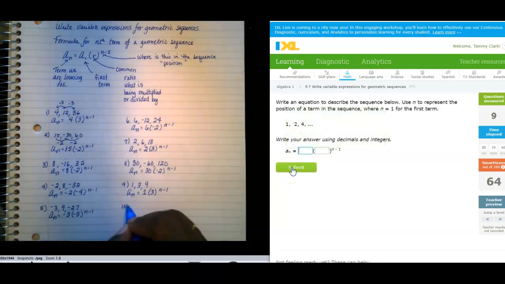Number 10, we got 1, negative 2, and 4. So we've got a sub n. How in the world did I get from 1 to negative 2? We must have multiplied by negative 2. So our first term would be 1. Our common ratio would be negative 2, raised to the n minus 1 power.